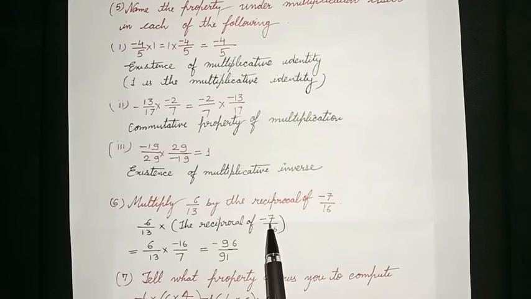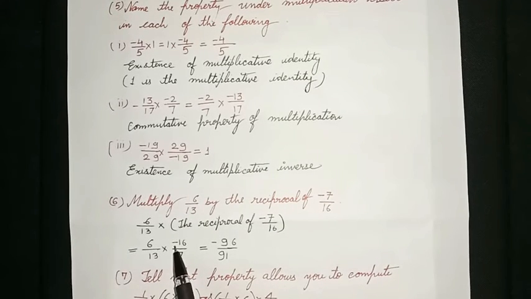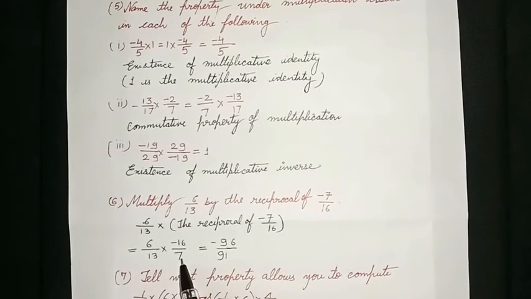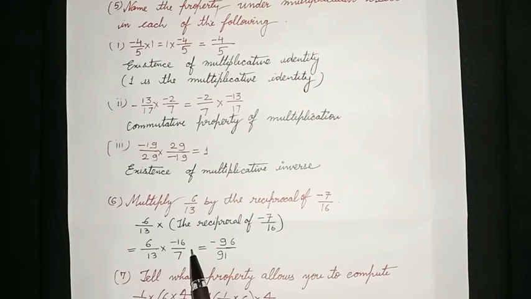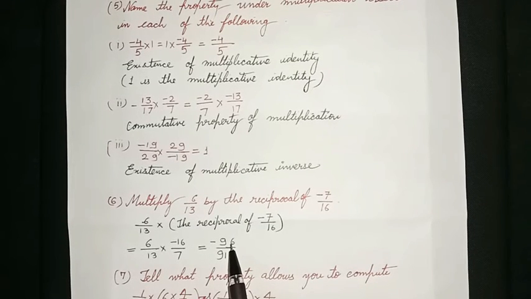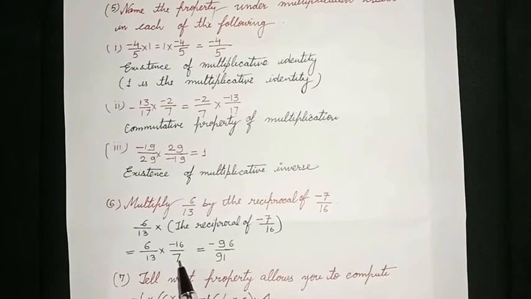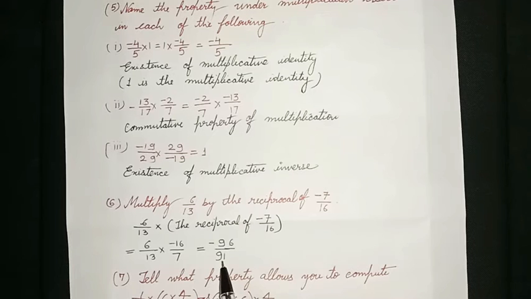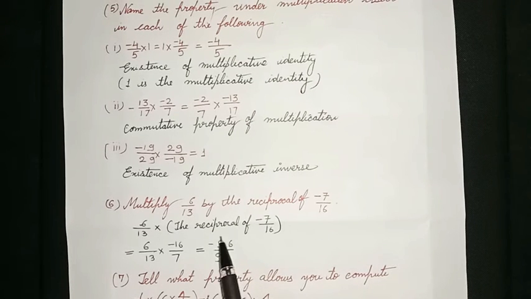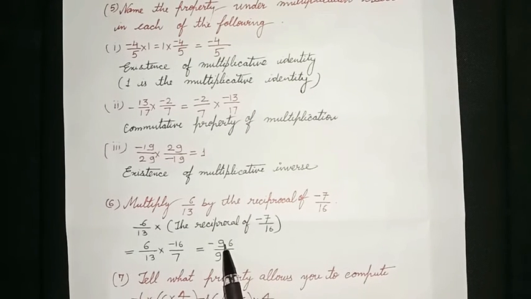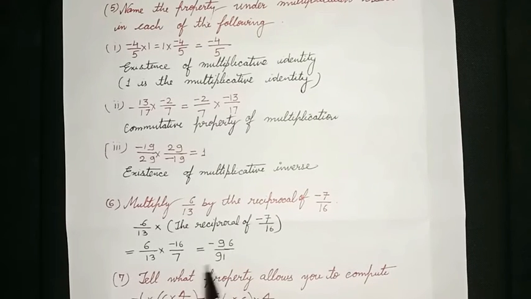The reciprocal of minus 7 upon 16 is minus 16 upon 7. When we solve, 6 into minus 16 is equal to minus 96 and 13 into 7 is 91. So the answer is minus 96 upon 91.